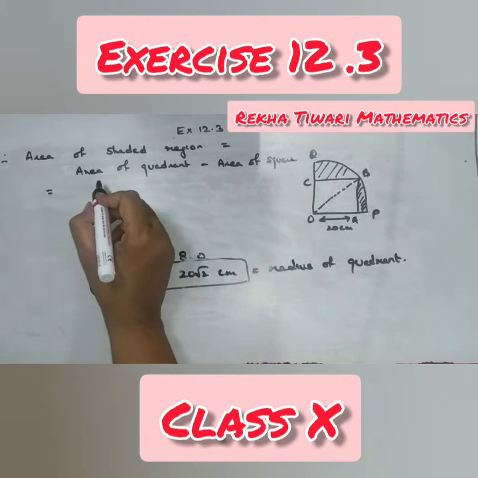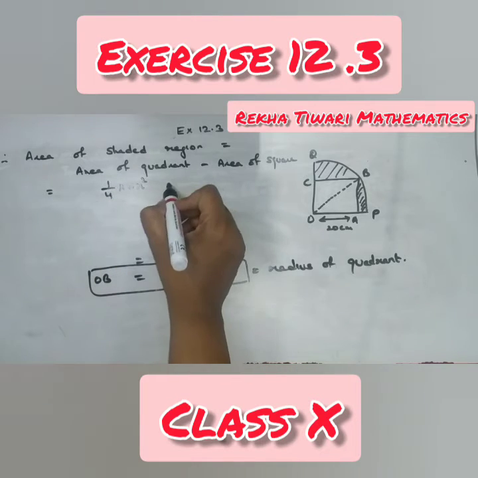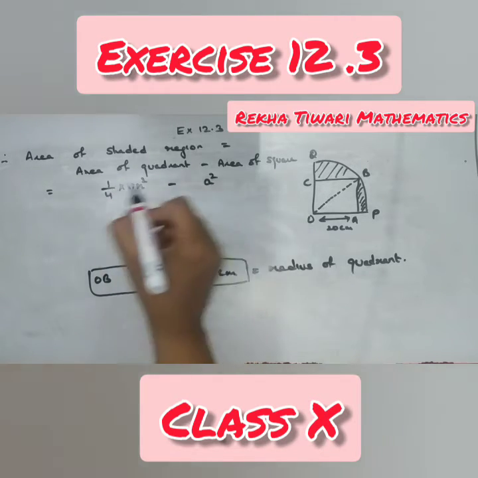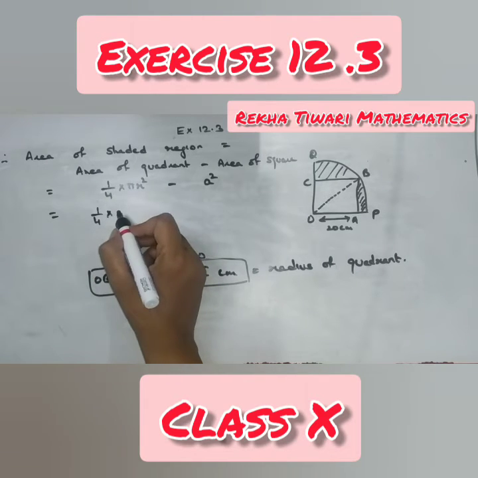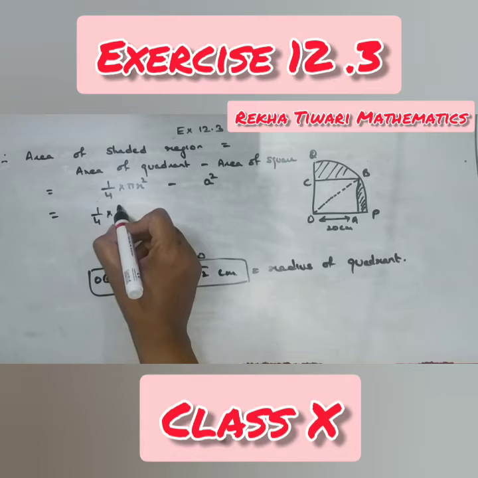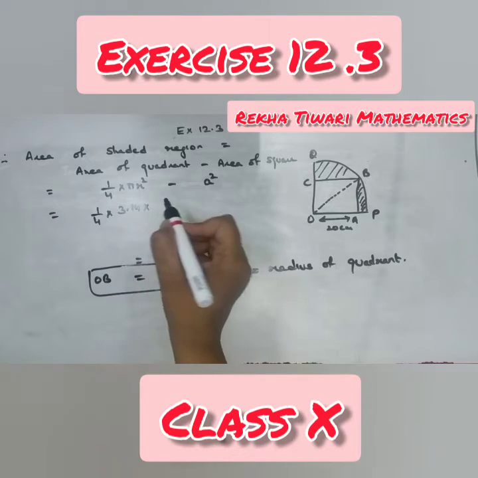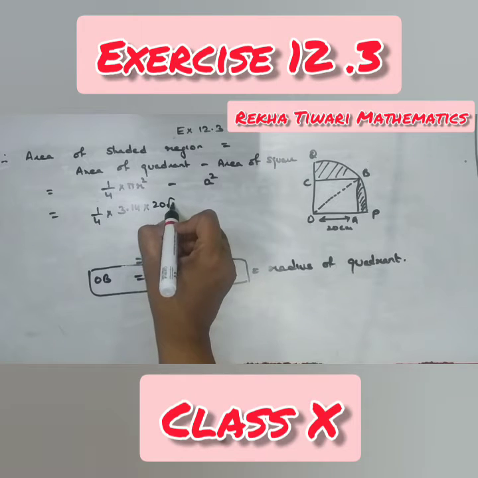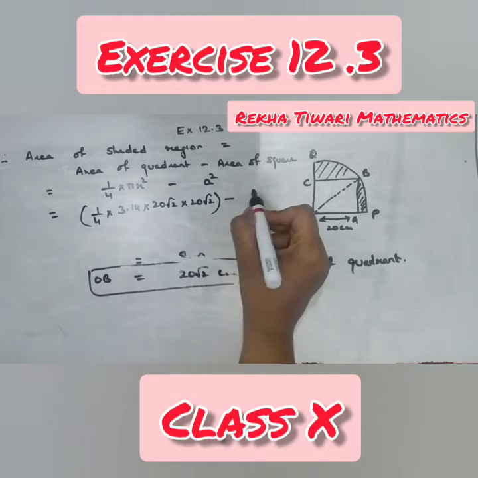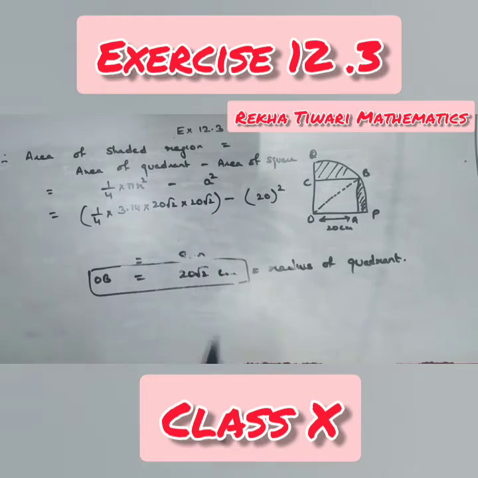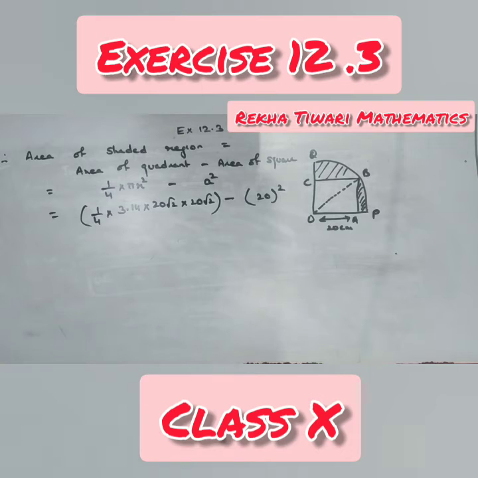So this is equal to area of quadrant, 1 by 4 into pi r square, minus a square or side square. Put down the value. 1 by 4 into pi, which is given to you as 3.14. So use 3.14 into, what is the radius? Radius is 20 root 2 into 20 root 2, minus side 20 square. Now I have to solve this to get the answer.